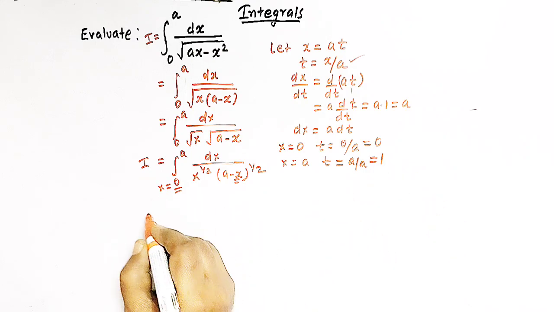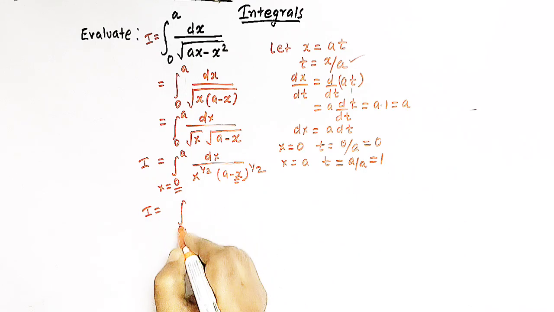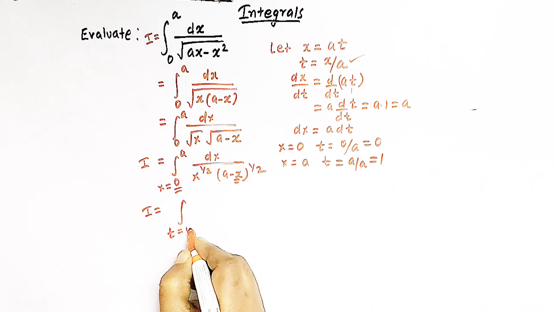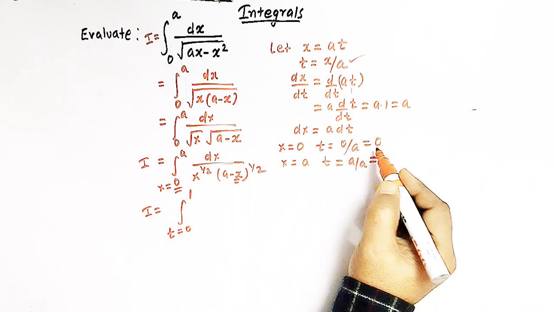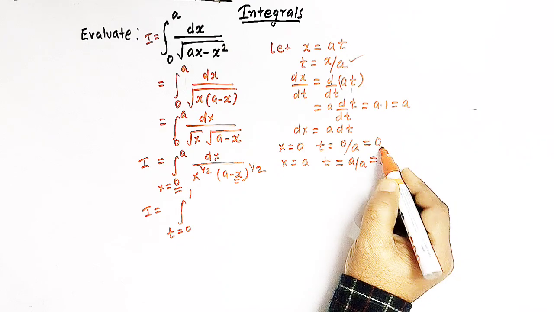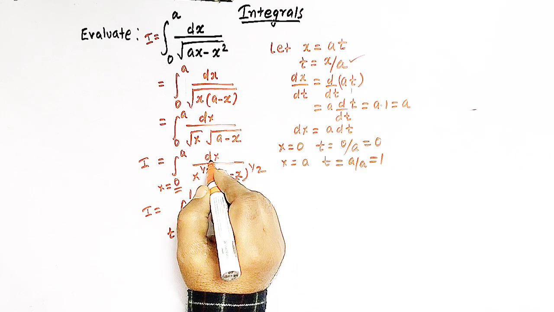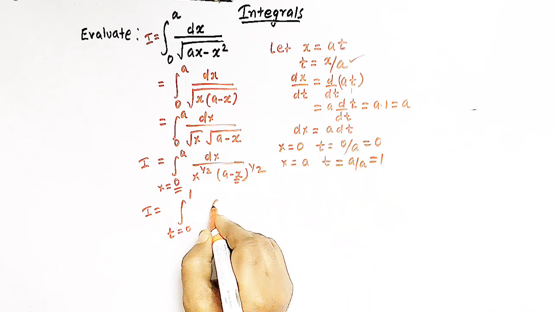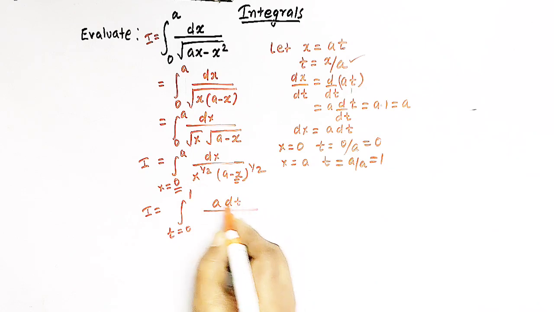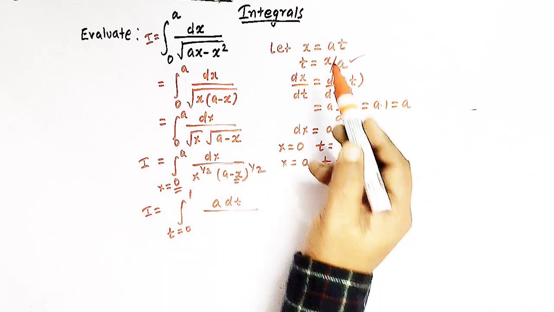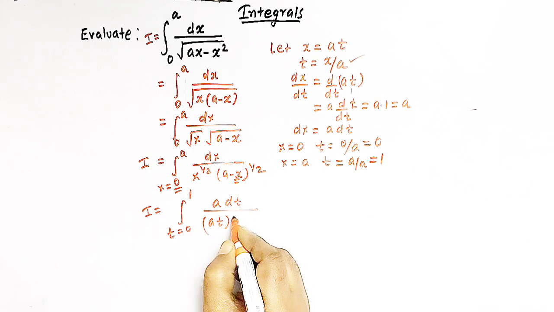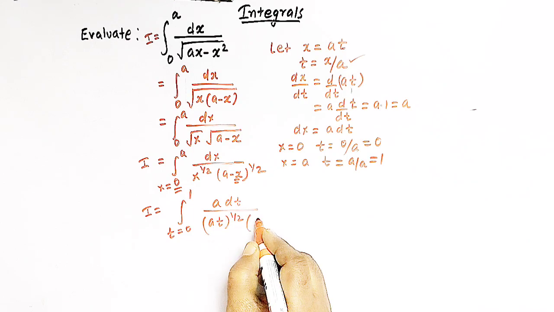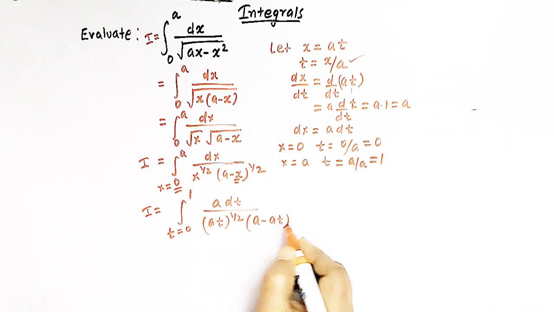So now we can write this integral I as t is equal to 0 to 1, because when x varies from 0 to a, t varies from 0 to 1. And here for dx we can now write a dt, and here for x we can write at. So we have at raised to half, and here we have a minus at raised to half.